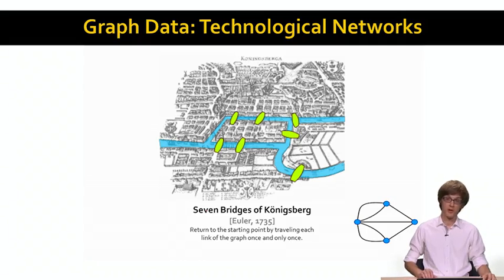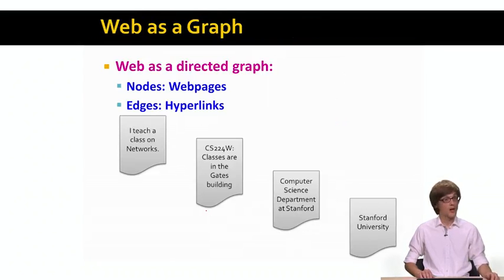This can be formulated as a graph problem. Other examples of technological networks are power grids, road networks, water distribution networks, and so on. It's important for us to understand the structure of these networks to detect failures, disease outbreaks or contaminations, and so on.